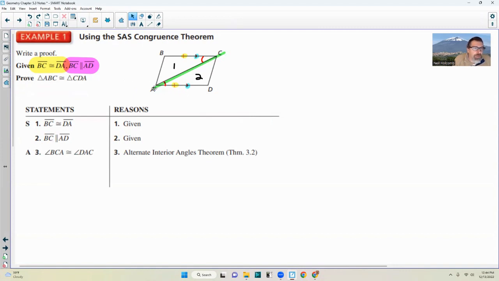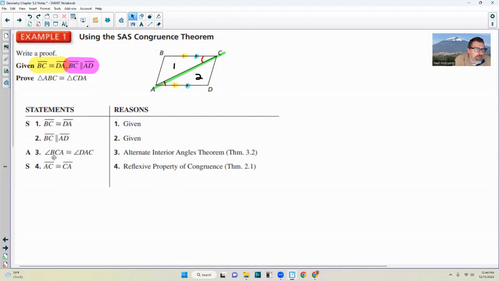Well, what forms angle CAD? It's the transversal and it's AD. Well, we know AD is congruent to BC, so AC is shared. When something is shared, it's equal to itself. So segment AC in triangle 1 is congruent to segment CA in triangle 2, and that is because of the reflexive property of congruence.